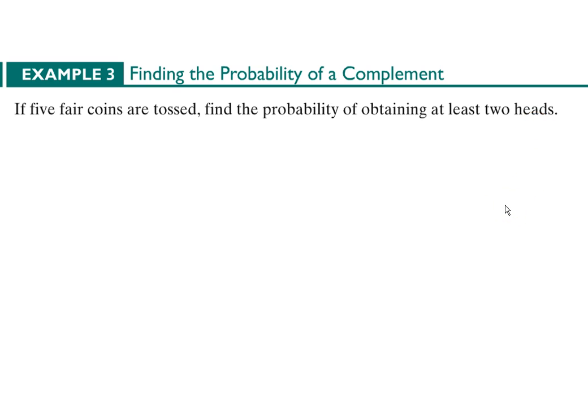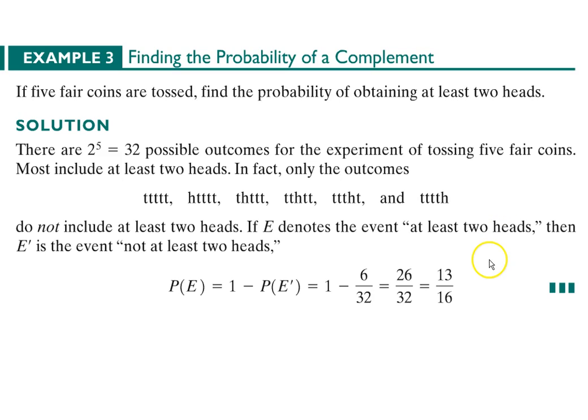Now, again, you'd have to work out all of these, and looking at all of the lists, there are 2 to the 5th power, or 32 possible outcomes. Now, once you had figured that out, you would count how many have at least 2 heads.